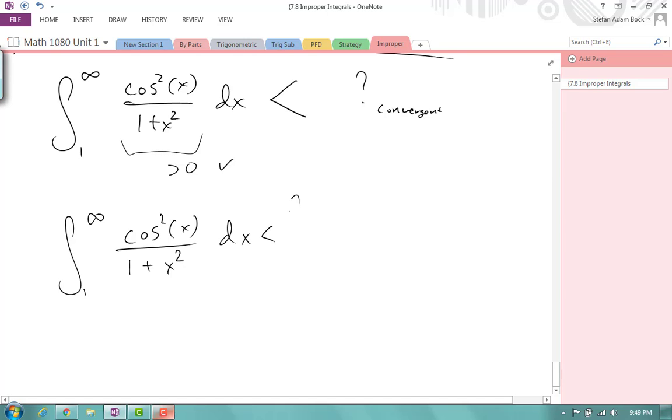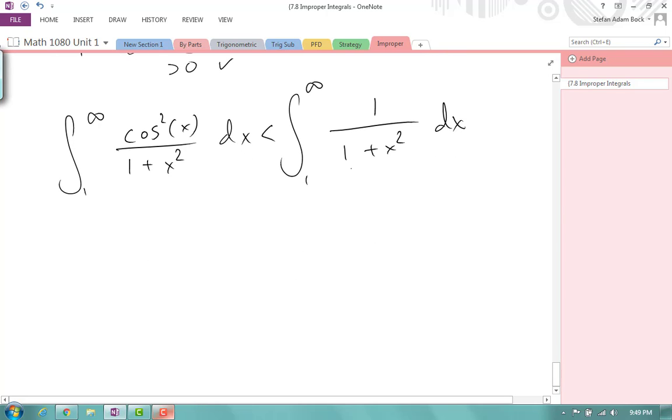So this is going to be less than the integral from 1 to infinity, if I replace the cosine with 1, which is bigger most of the time than cosine, of 1 over 1 plus x squared. So I'm getting a lot closer. Now let's see if we can do it again. If I remove this 1, my denominator will become smaller. Let's try this. 1 over 3 and 1 over 2. If my denominator becomes smaller, I actually got a bigger number.